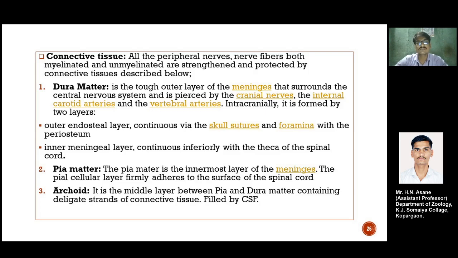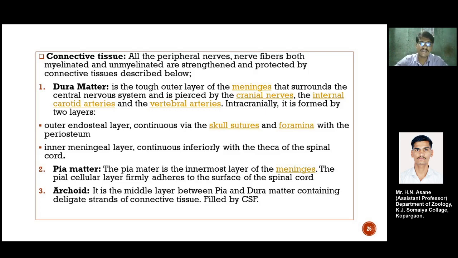So this dura mater is the outermost layer of the meninges that surrounds the central nervous system and is pierced by the cranial nerves, the internal carotid arteries and the vertebral arteries. That means an arterial network is seen in this dura mater.